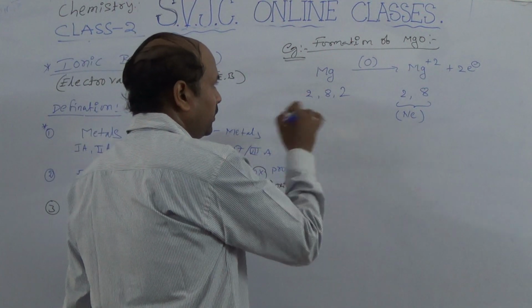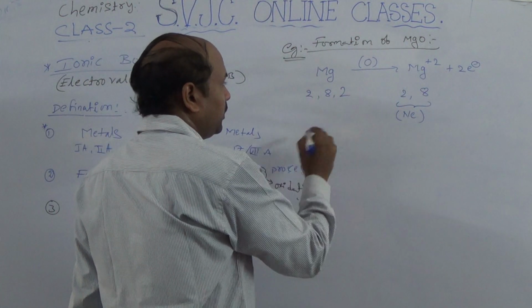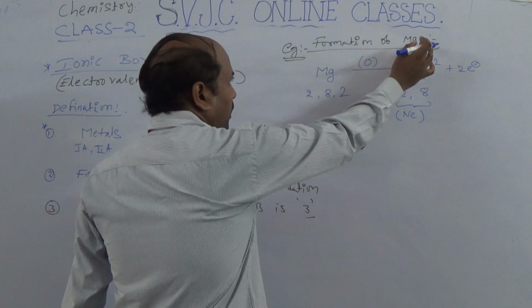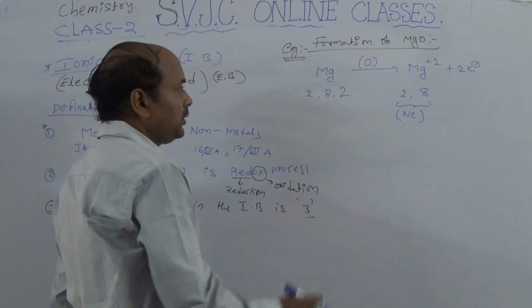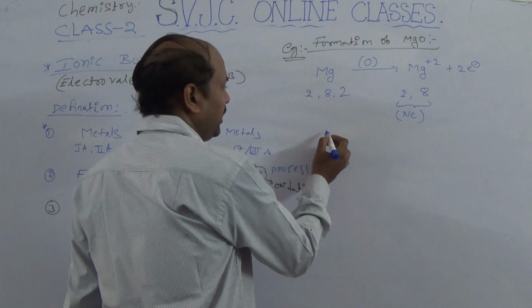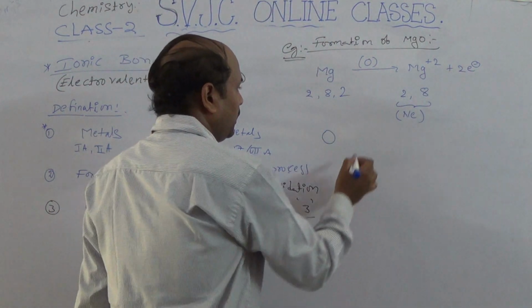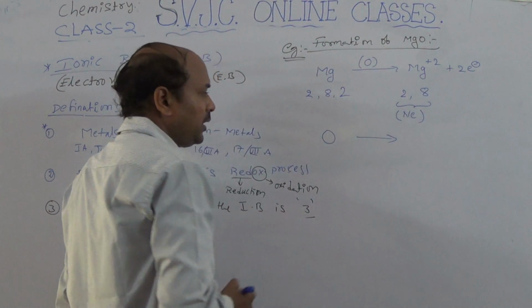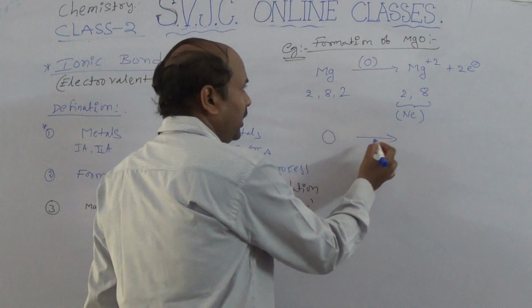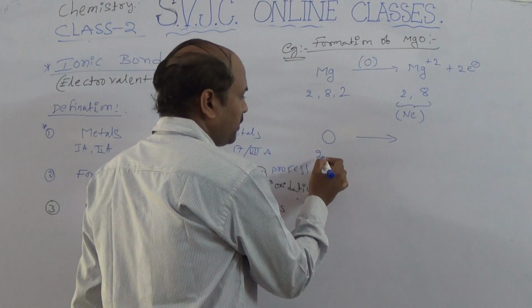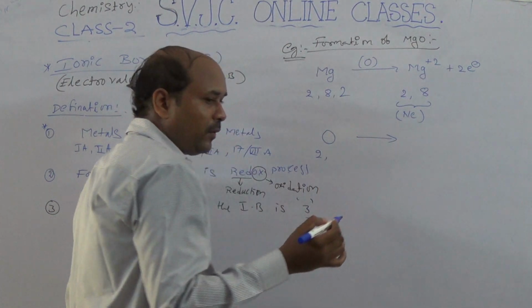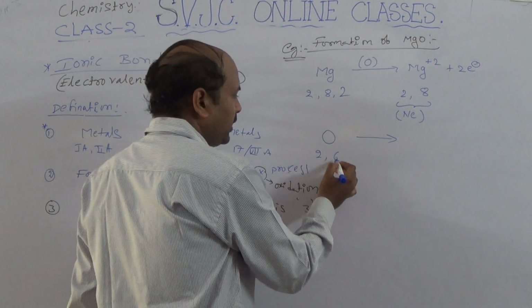The other bonded atom is oxygen. Oxygen has atomic number 8 and electronic configuration 1s2, 2s2, 2p4, that is 2, 6.